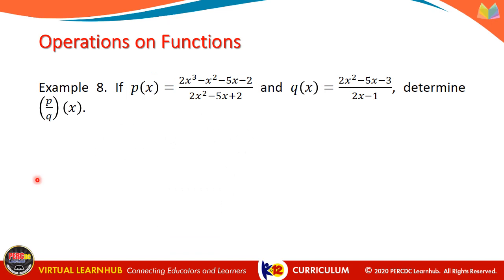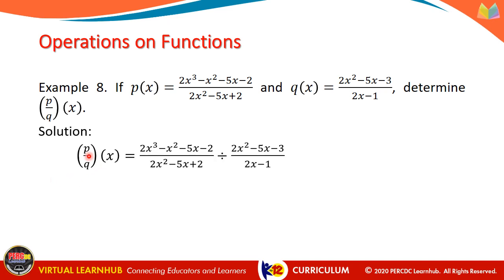Example number 8. If p of x is equal to 2x cubed minus x squared minus 5x minus 2 over 2x squared minus 5x plus 2, and q of x is equal to 2x squared minus 5x minus 3 over 2x minus 1, determine p divided by q of x. The solution for this one would be p divided by q of x is equal to 2x cubed minus x squared minus 5x minus 2 over 2x squared minus 5x plus 2 divided by 2x squared minus 5x minus 3 over 2x minus 1.